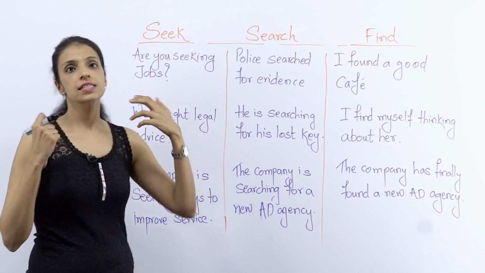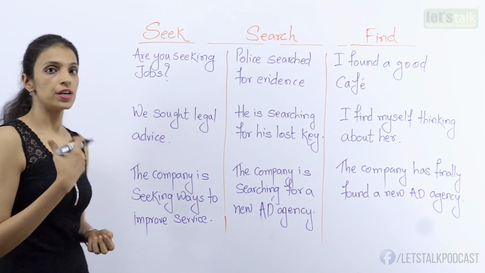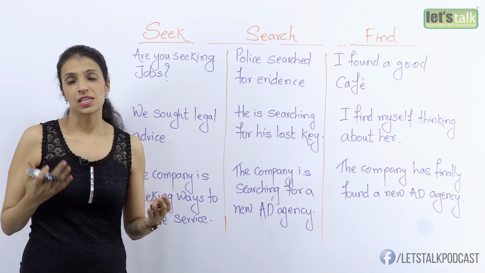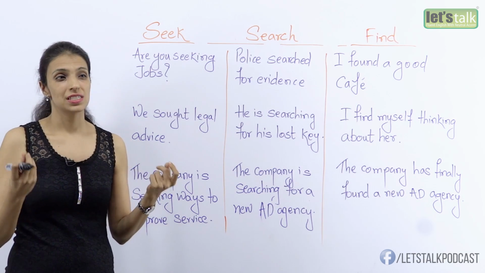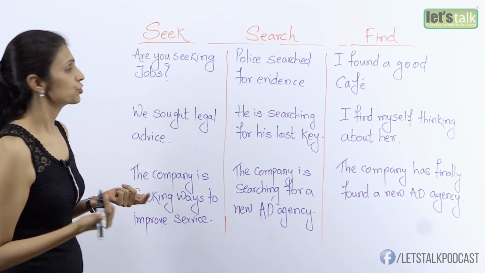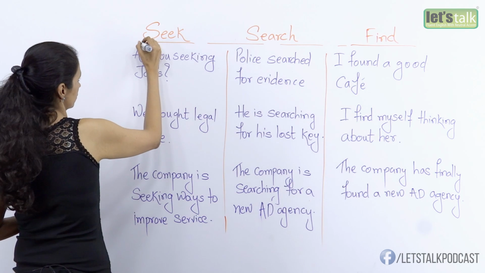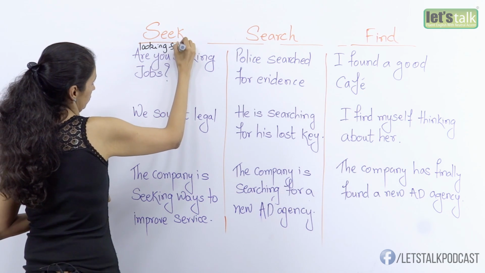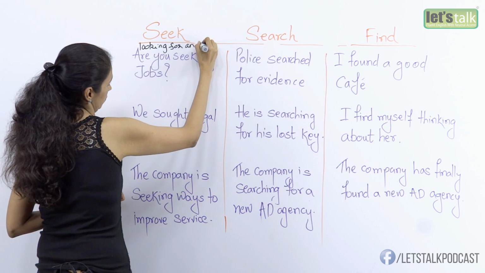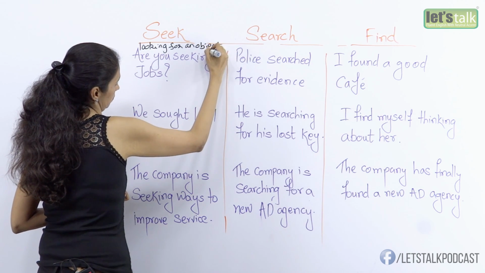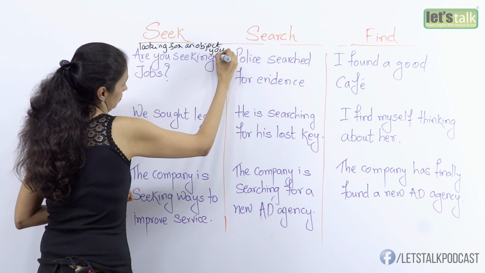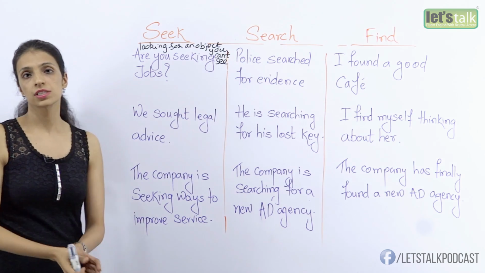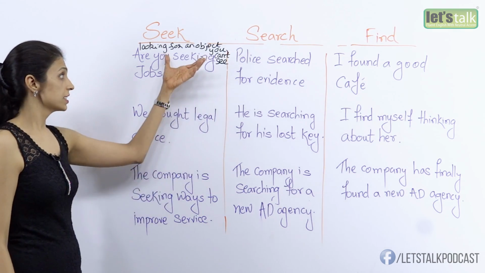Now, when you seek something, you do it when you are looking for an object that you really can't see, okay? You can't really see and feel the object. It's intangible. So when you look for an object that you can't see, you are seeking.